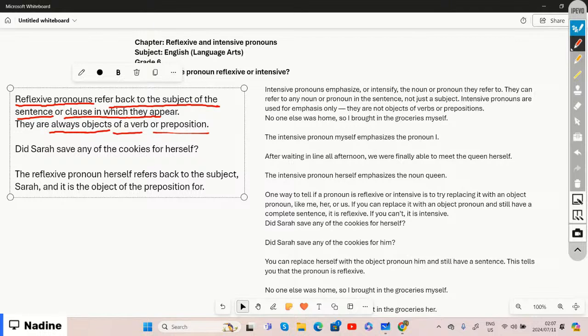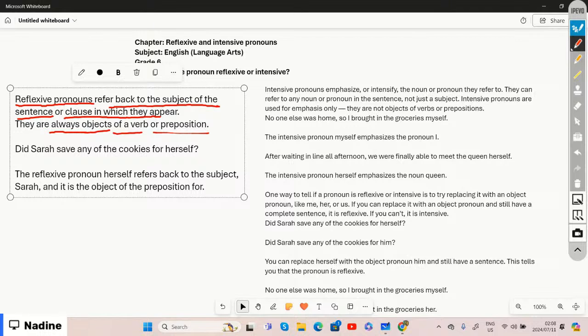So once again, a reflexive pronoun refers back to the subject of the sentence. Remember, a subject is a person, animal, or thing that is doing the action. A pronoun takes the place of a noun, and the subject is usually a noun or a pronoun that tells us who or what is doing the action.